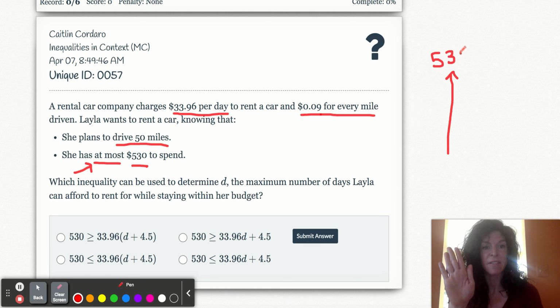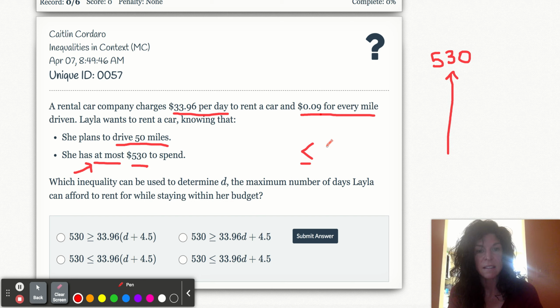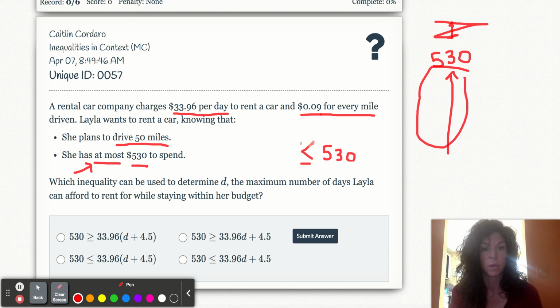We cannot have it be any bigger than 530, okay? So 530 has to be the most it could be. So the amount she spends has to be less than or equal to 530. It cannot go above 530. It has to be less than 530. Okay.